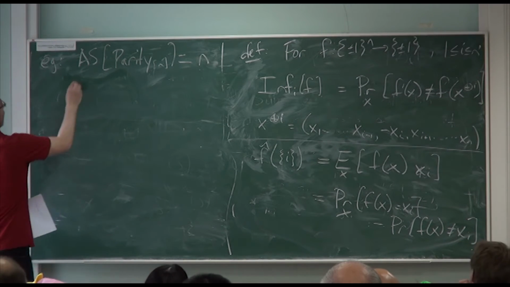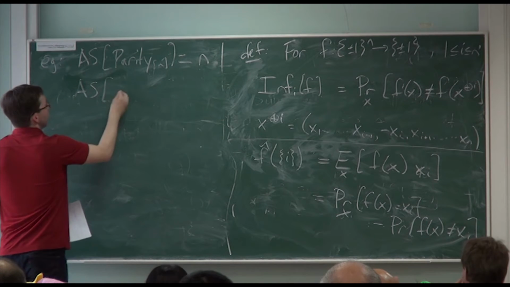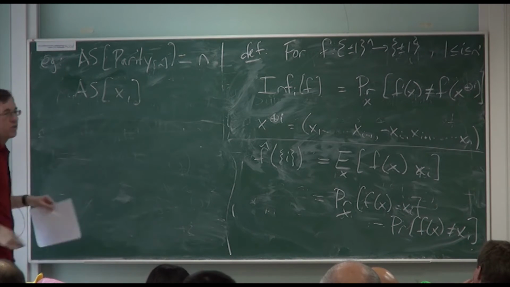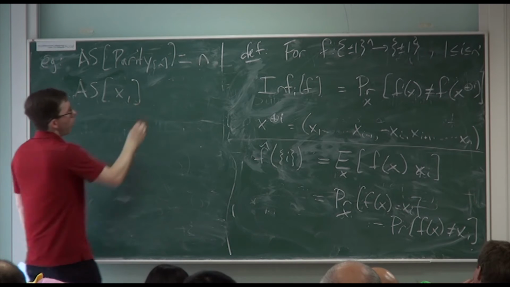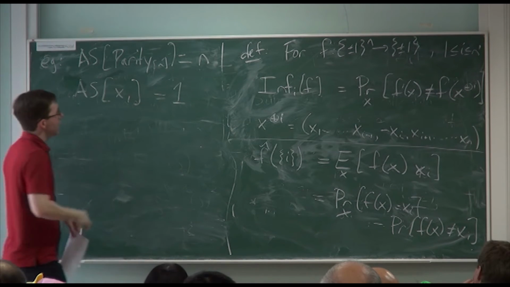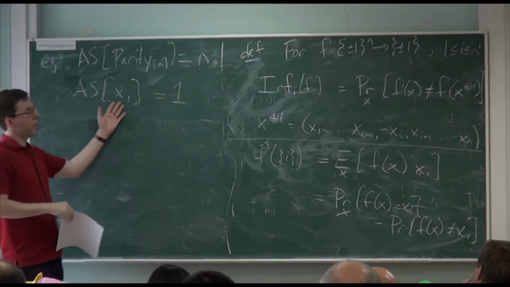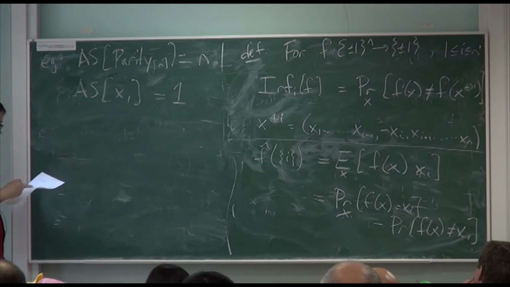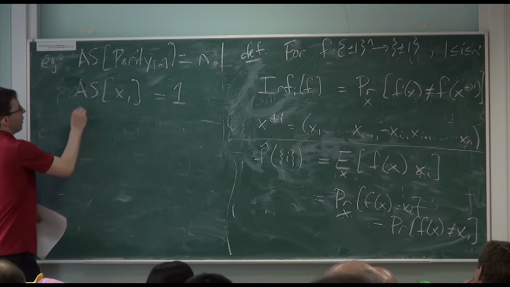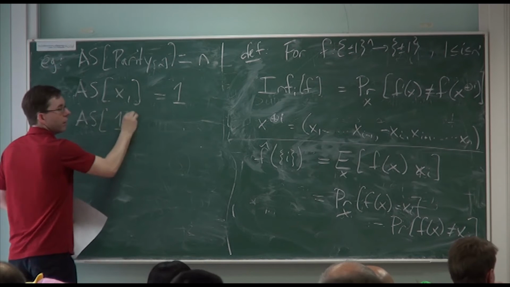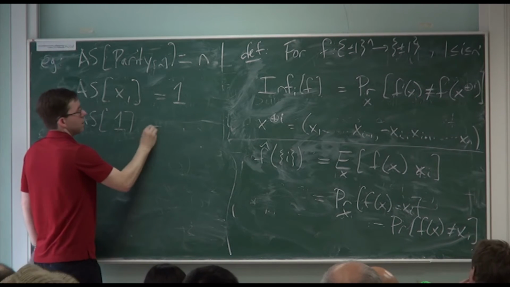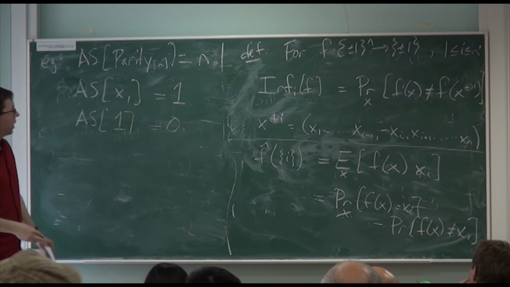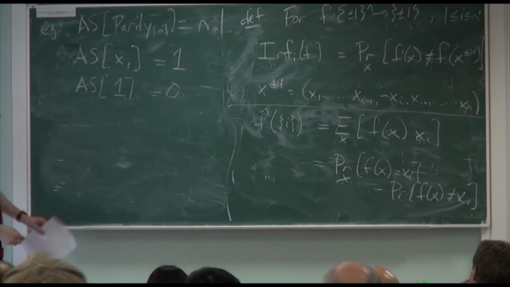Maybe we'll do the average sensitivity of the function x1, just output the first bit. This is 1 because, again, it doesn't matter what x is. If you flip the first coordinate, it changes this function. Otherwise, it doesn't. Or the average sensitivity of the constant function is 0, because you never change the value of the function if you flip any coordinates.